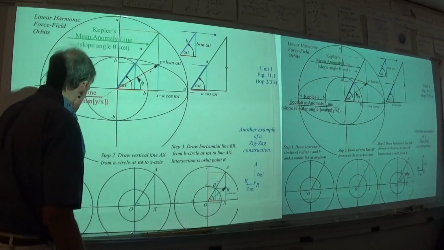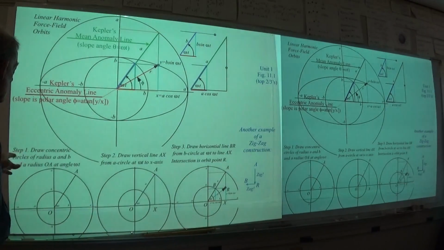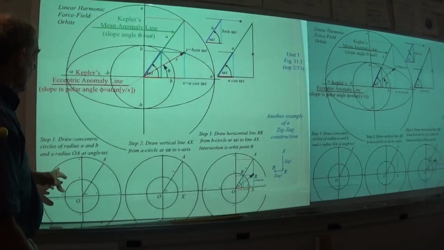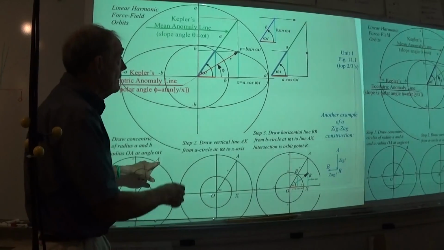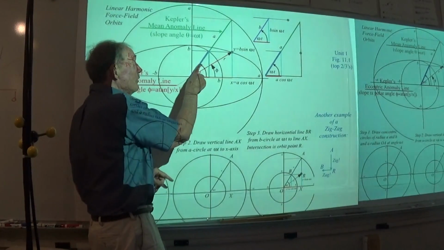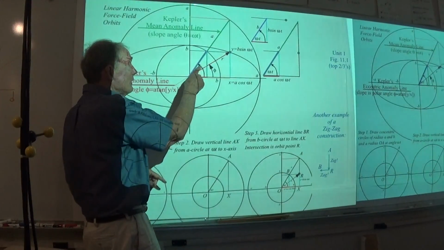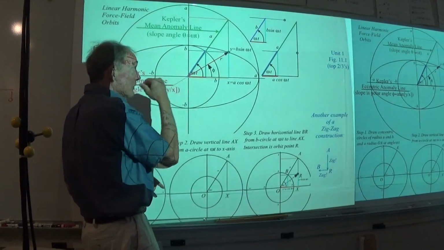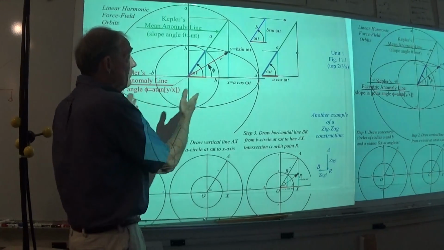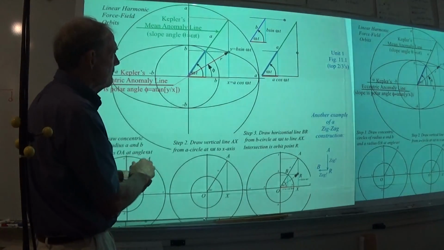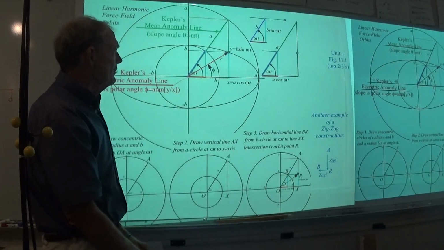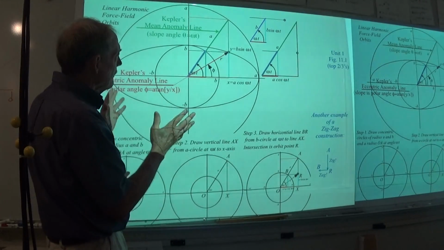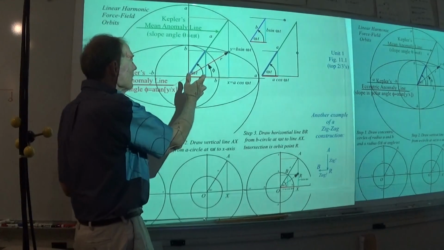That's what you're doing here, and this is just spelling it out. The concentric circles that determine the A and the B, that's given. And then you just draw a radius at some angle, which is the time, as it turns out. This is very similar to construction we've looked at before, just to construct ellipses without any physical interpretation of orbiting. But here the orbiting is a serious thing.